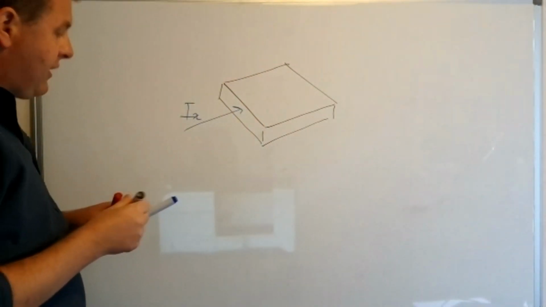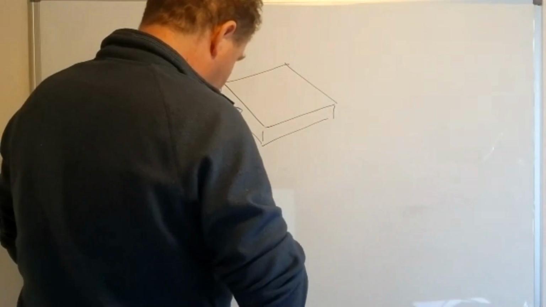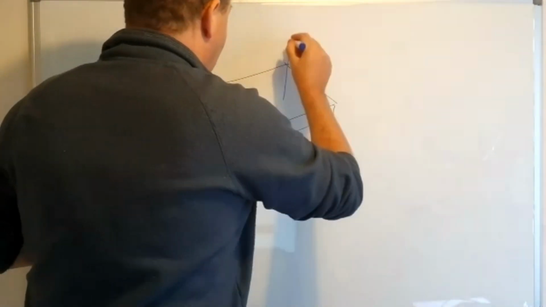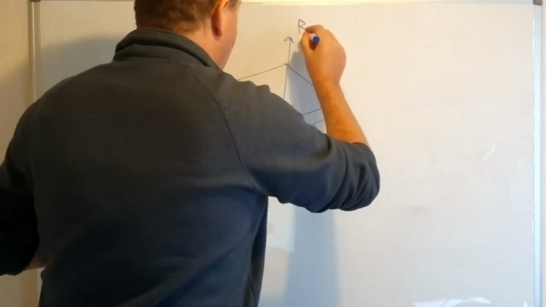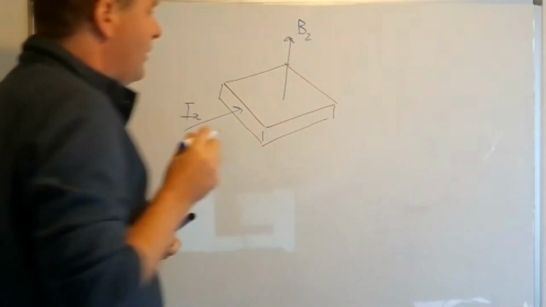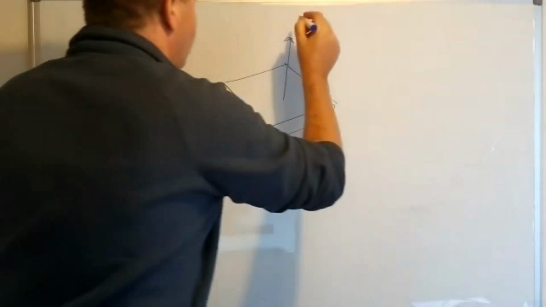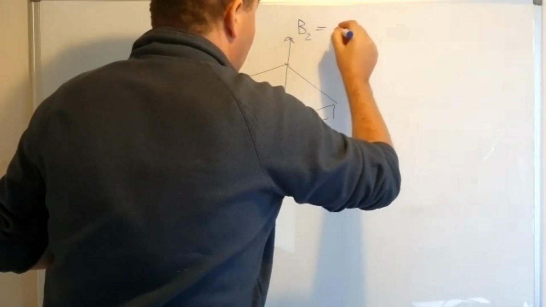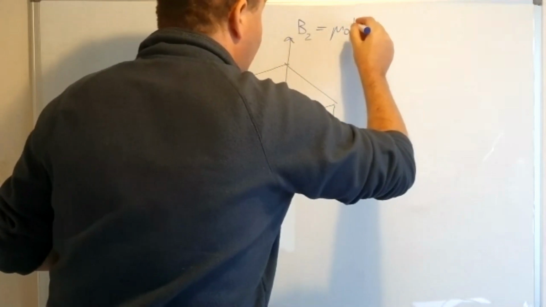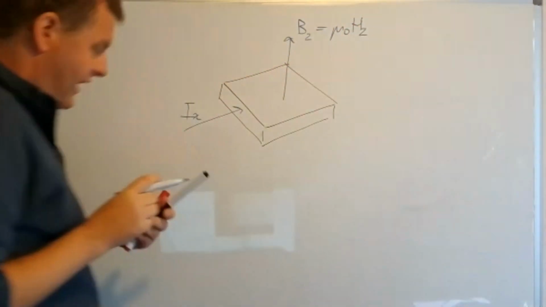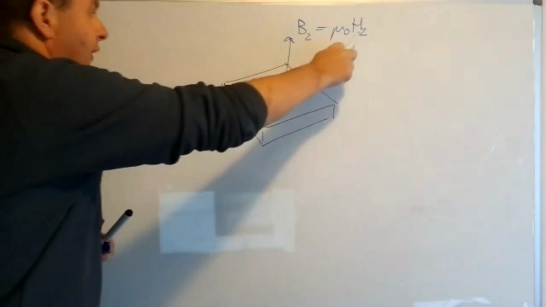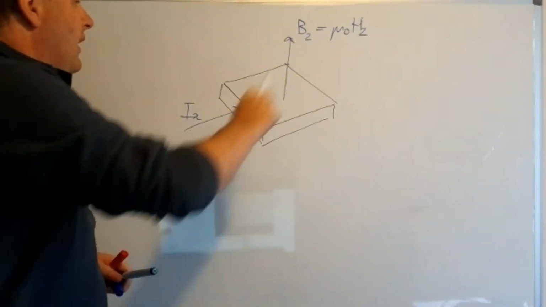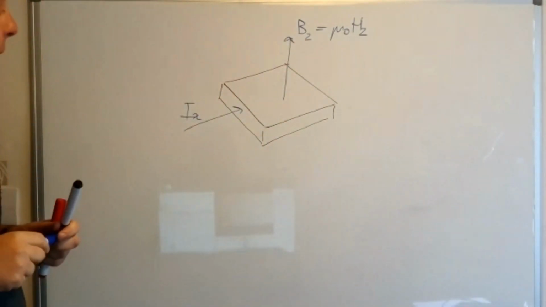And there is a magnetic field, which we'll call B_z, which is mu naught times H_z, where the magnetic field H in amps per meter gives us a magnetic flux density B.